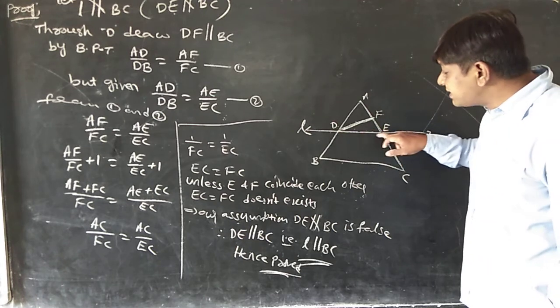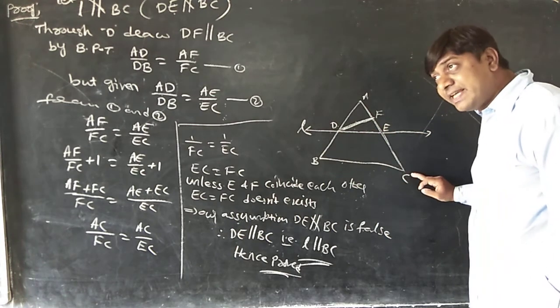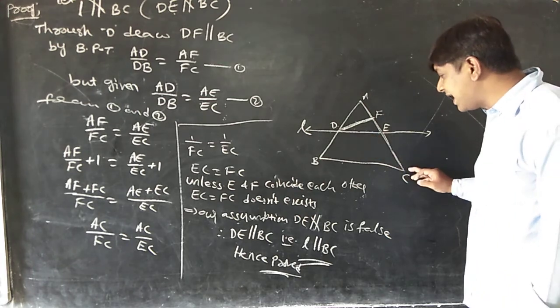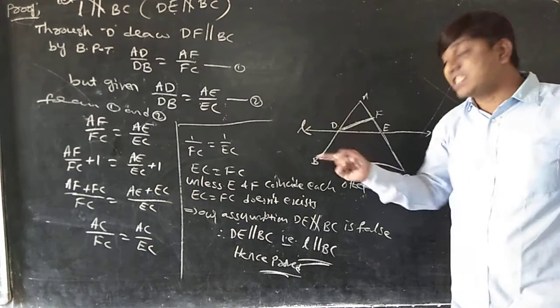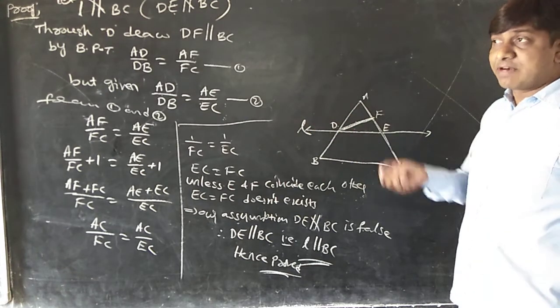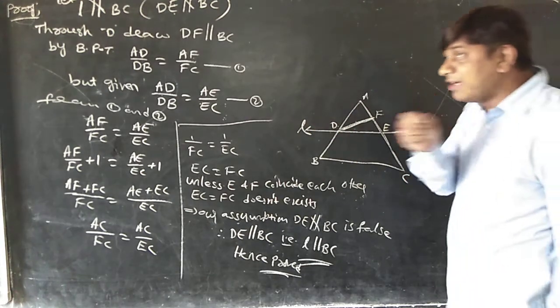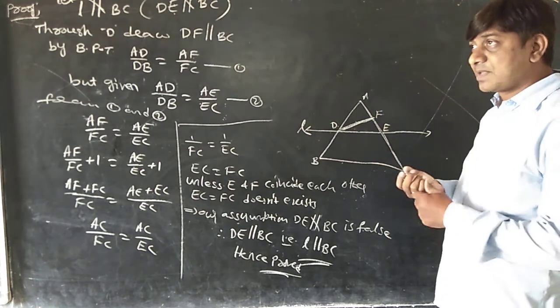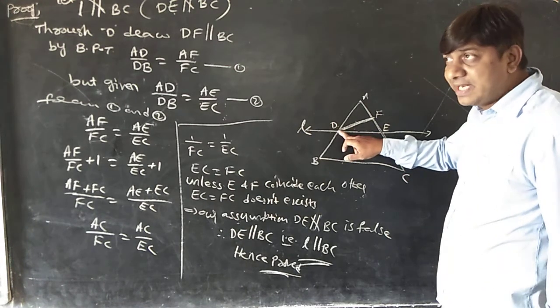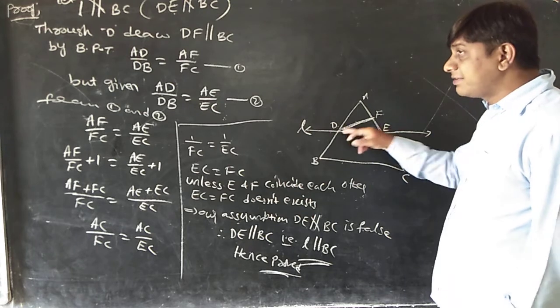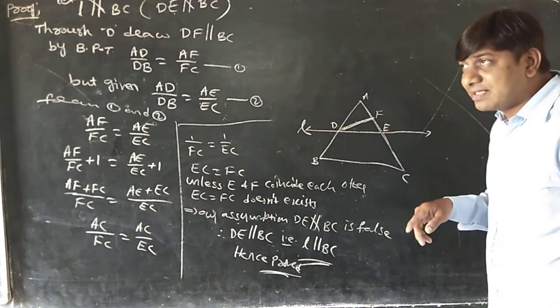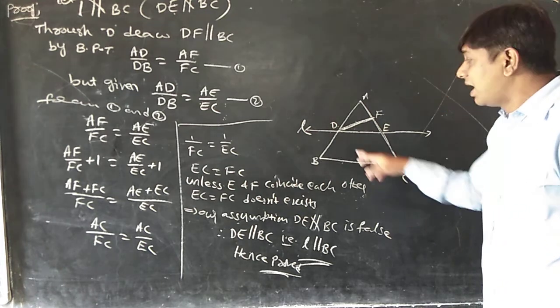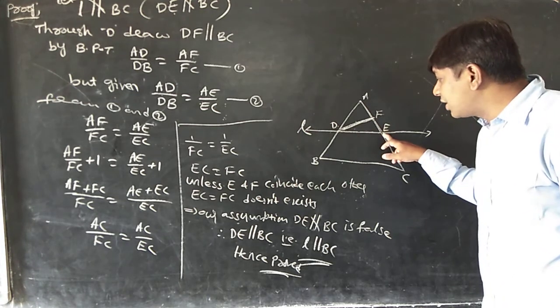Since DE is not parallel to BC, through D there will be another line which is parallel to BC. From every point there is one line which is parallel to the base. From point D many lines will exist, and among those one line will be parallel to BC.